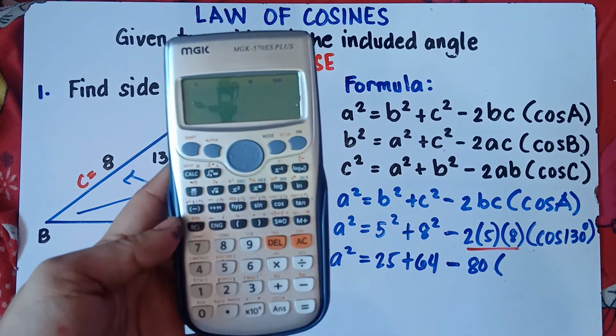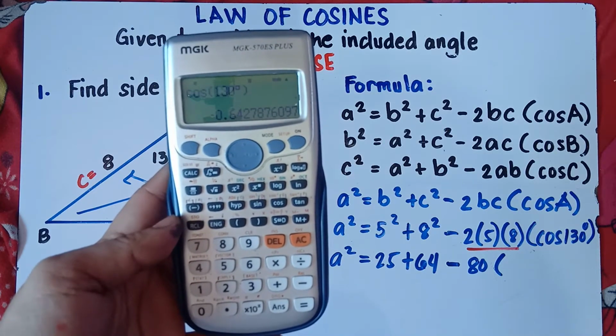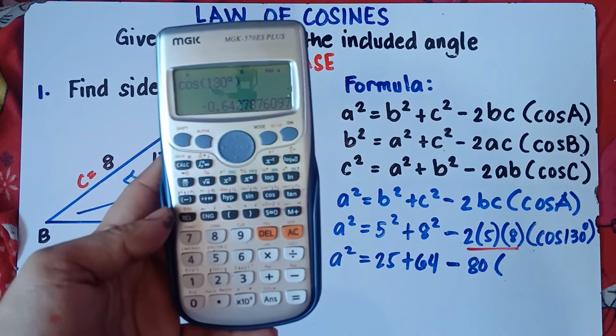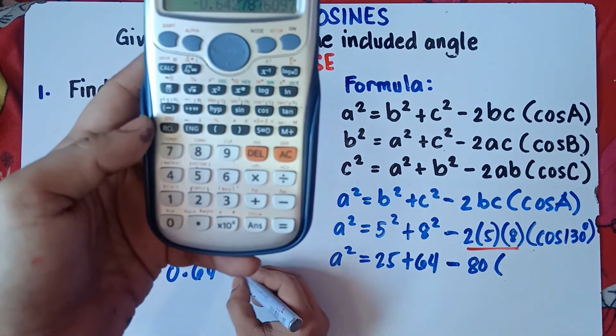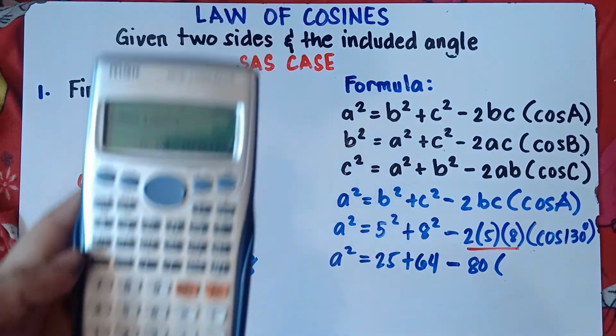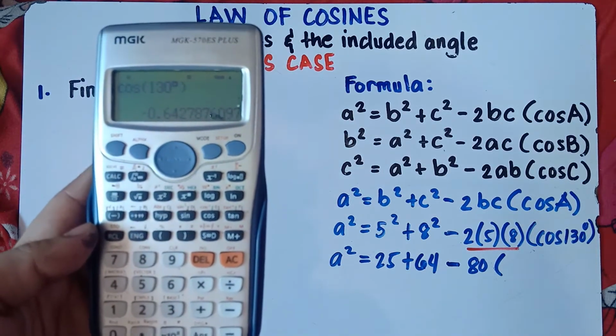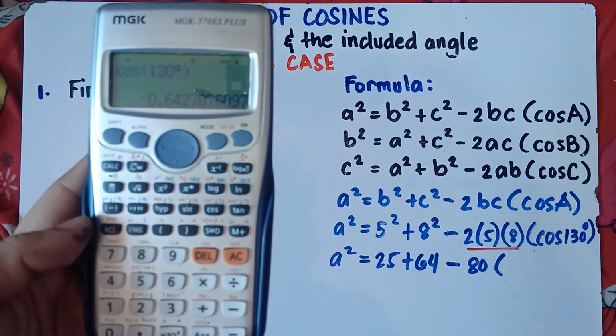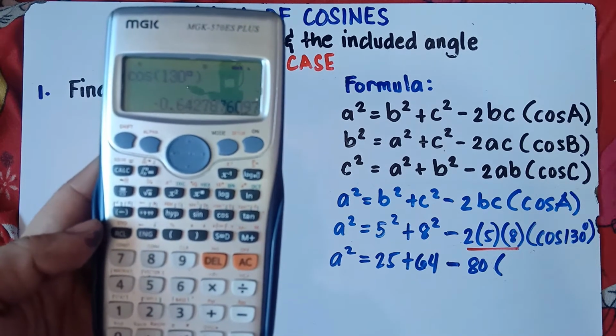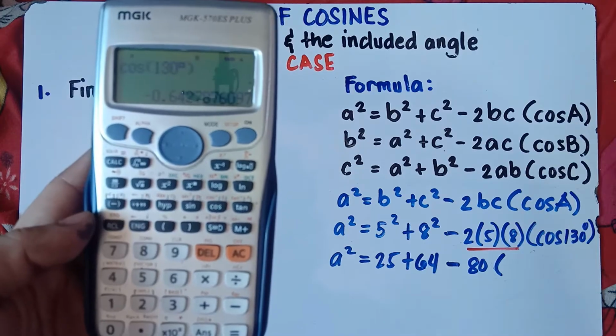So this will be negative 0.64278. We need to have 4 decimal places so that our answer will be near the exact value. Unless it's our final answer, in which case we need 2 decimal places.